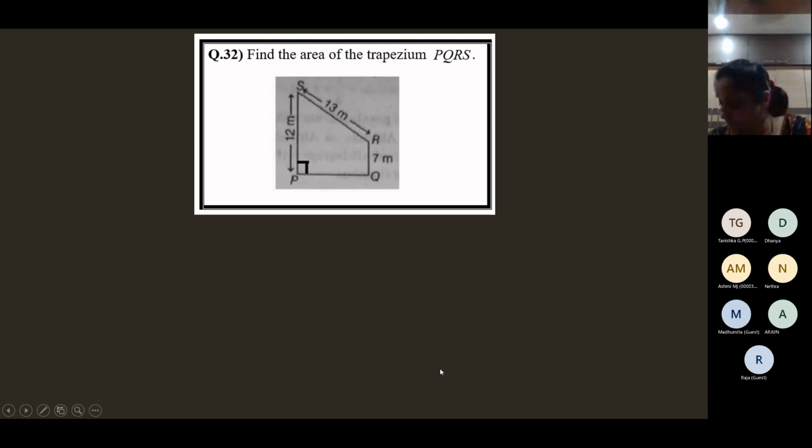Yes, what is the area of the trapezium, children? This one shouldn't take a long time.